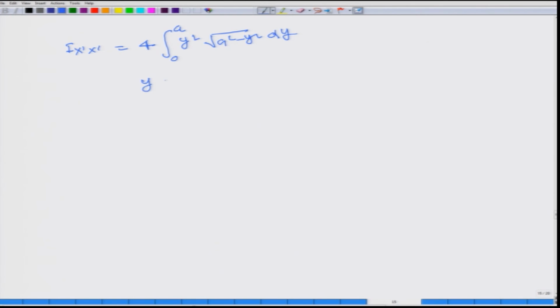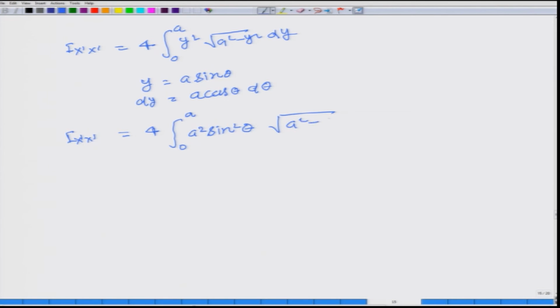Let y equal to a sin theta. So, dy would be equal to a cos theta d theta. So, I x prime would be equal to 4 times integral of y square, which is a square sin square theta, and a square minus y square, which is a square minus a square sin square theta, and dy is a cos theta d theta.